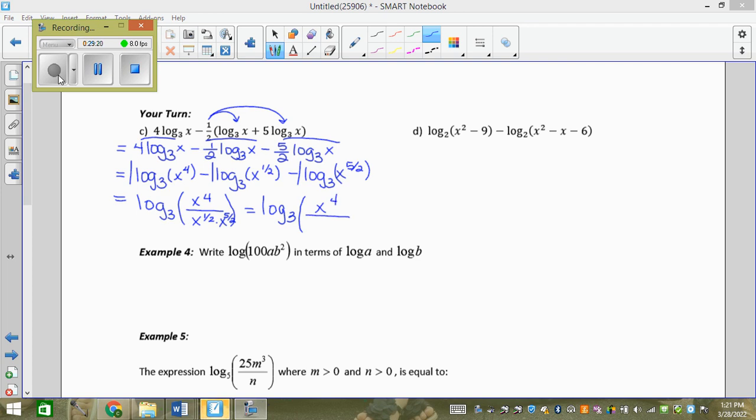X to the half times x to the 5/2 is x to the 6/2, which is actually x to the 3. X to the 4 over x to the 3 is log base 3 of x. Finito. So something way bigger actually turned into just a nice answer.